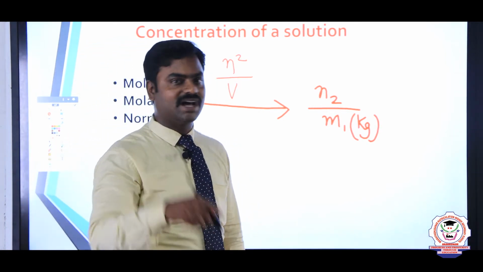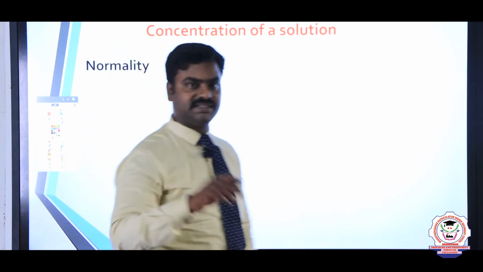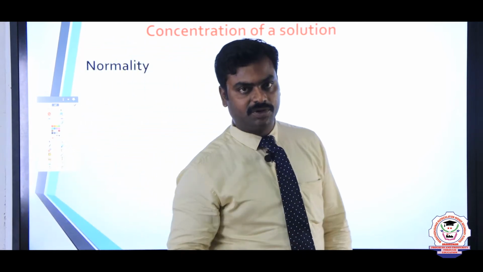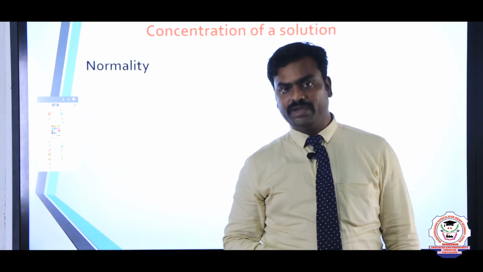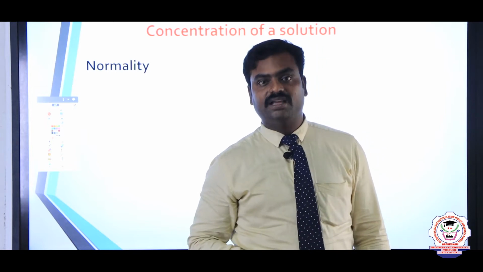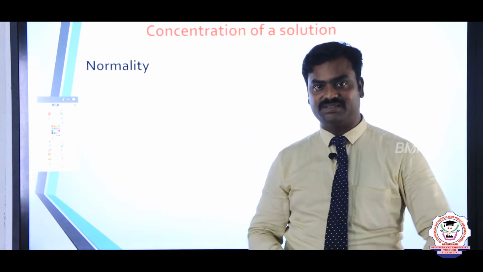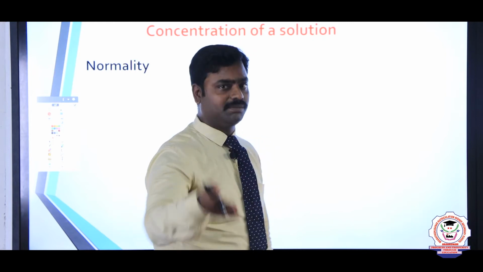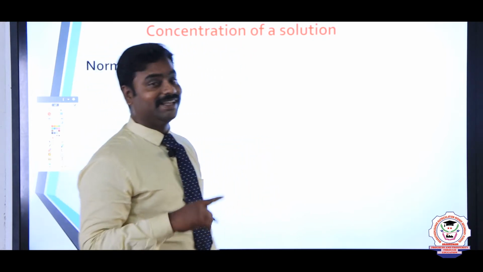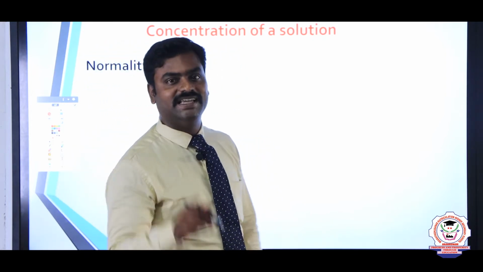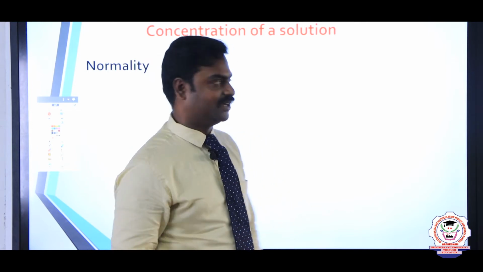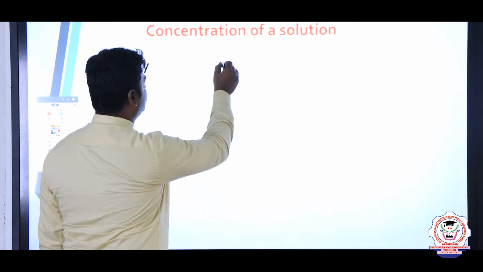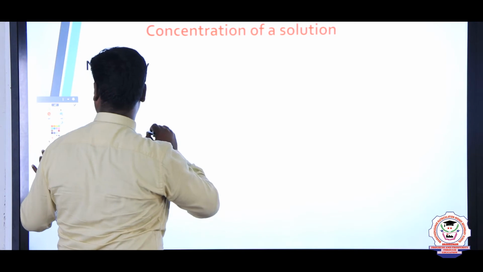Whereas what about normality? Before we discuss normality, we should know one thing: equivalent mass. What is equivalent mass? Mostly we are using molar mass, but in normality we are going to use equivalent mass.